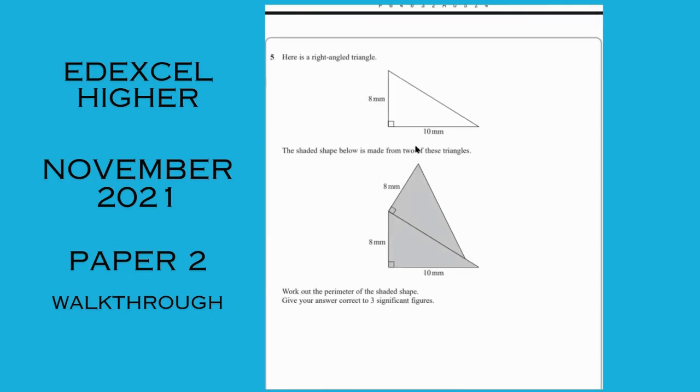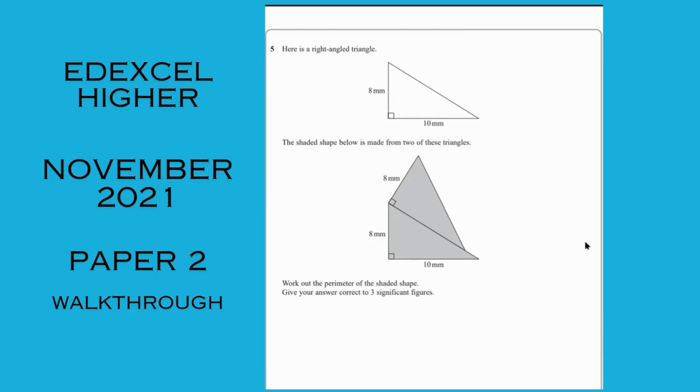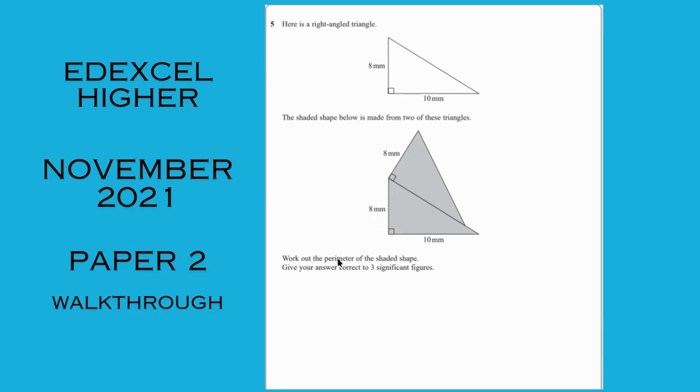Number 5. So without wanting to over-explain, it's wanting perimeter, which is going to include the hypotenuse. So before you worry about the second diagram, get using Pythagoras that the hypotenuse is the other two sides squared and added.